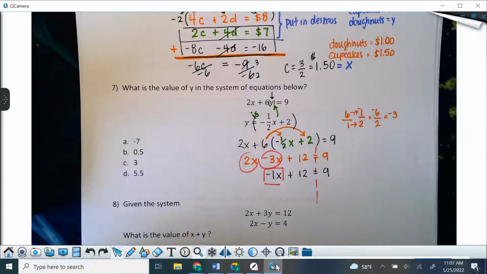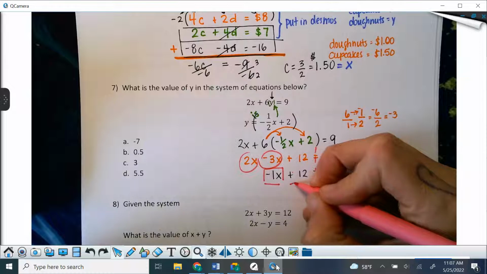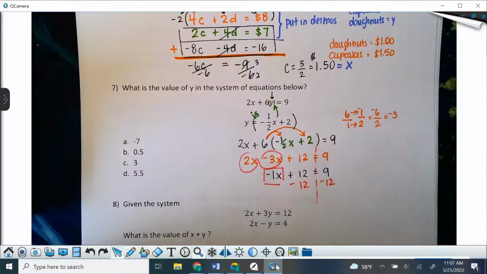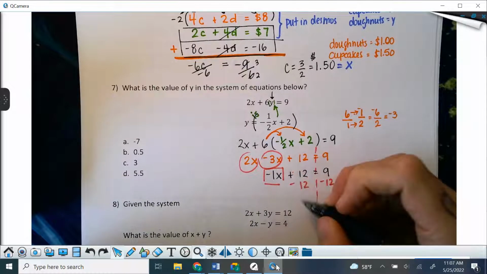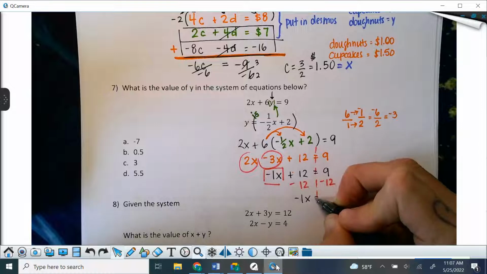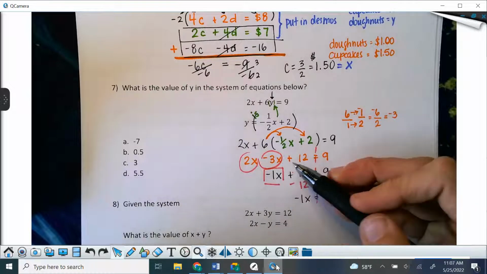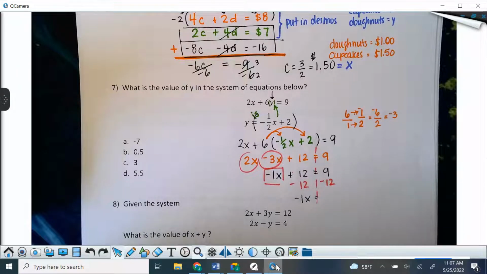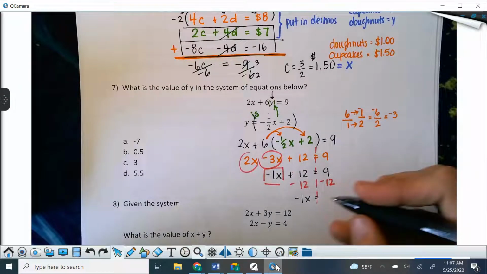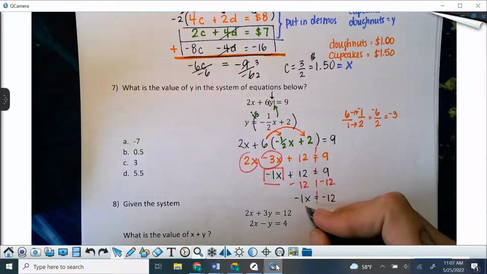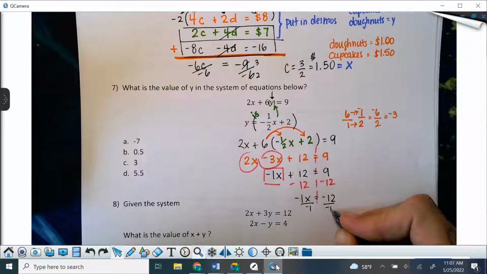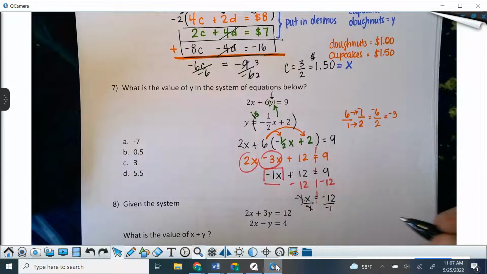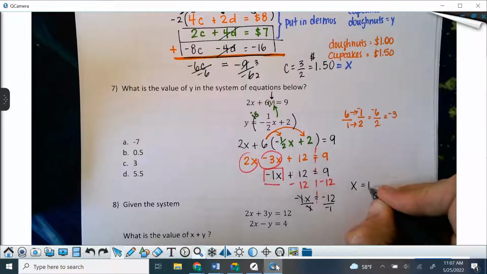When I have negative x plus 12 equals 9. Yep, subtract 12. Good job, Emma. Minus 12, minus 12. Be careful, that's a negative 1x. Don't forget about it. That's why I always put the negative 1, because I feel like it's a little harder to ignore versus just a negative symbol. It's really easy to boogie right past it. So equals a negative 12, but x is not by itself. We're going to divide by negative 1 to get rid of that on that x. And so x equals 12.